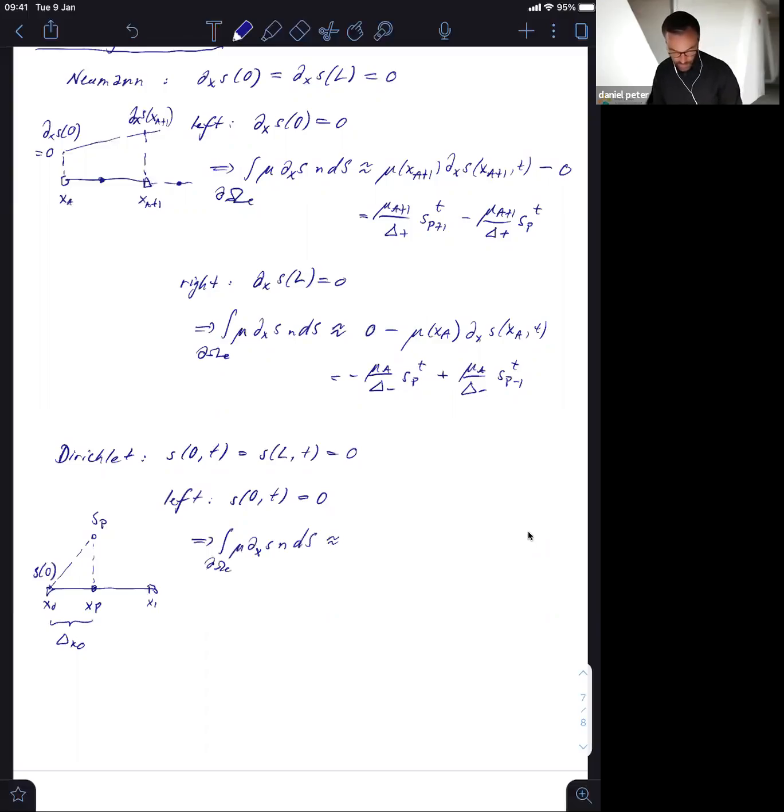Well, we have both basically the derivatives at A plus 1 minus the derivatives at A. And so this one here is now the tricky part. That's the one which involves now the Dirichlet condition.